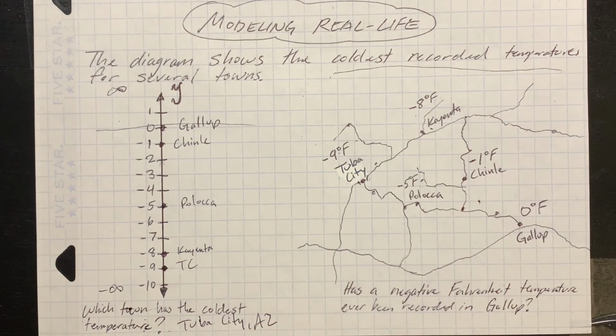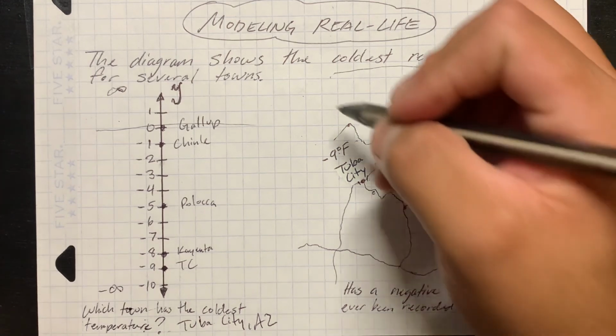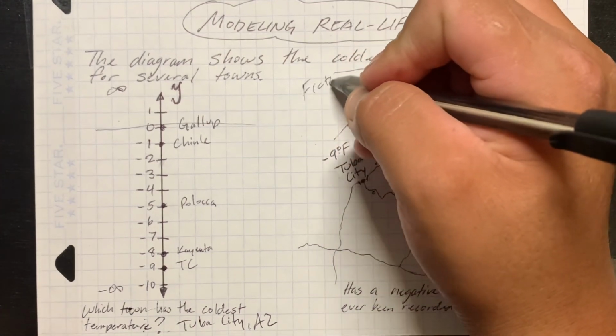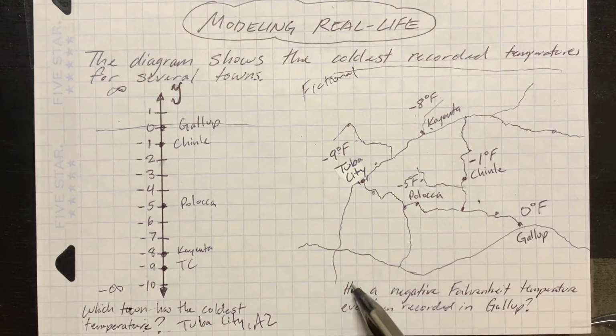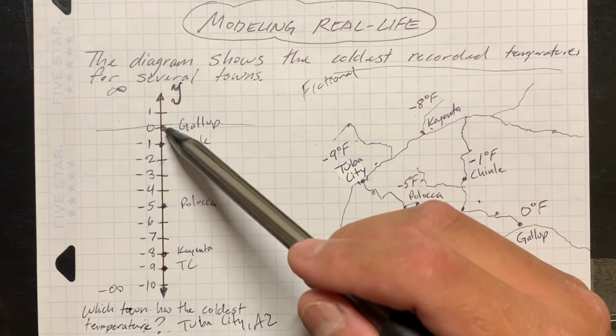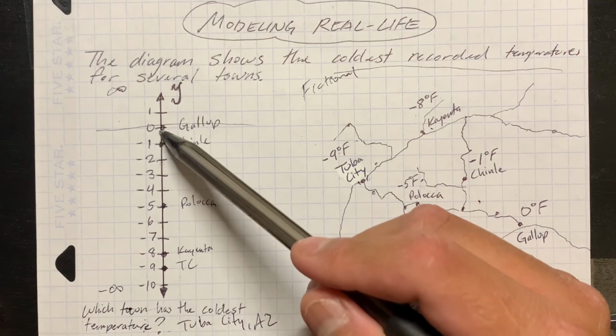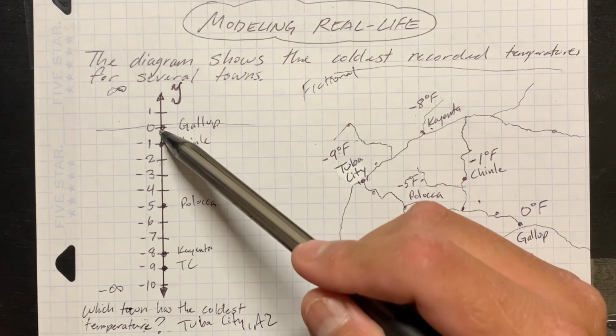Coldest recorded temperatures, made up, by the way. These are fictional. It's not true, but we're just using this as an example. Second question is, has a negative Fahrenheit temperature ever been recorded in Gallup? So if this was Gallup's coldest ever, 0, by the way, is a neutral integer.